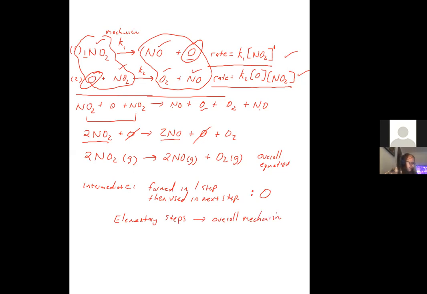So the elementary steps together are the mechanism, and when you add them together, you get the overall reaction as well. So if there's more than one intermediate, it says to put a comma and then put the formula. But for this one, the answer is yes, there is one.